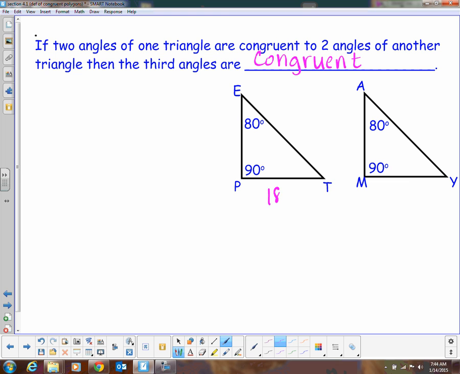So if this has to add to 180, and this has to add to 180, and this sum is equal to that sum, does it make sense that when you subtract, those are going to have to be equal? Okay, so that's a concept that was in this section. If two angles of one triangle are congruent to two angles of another, it forces the third angles to be congruent.